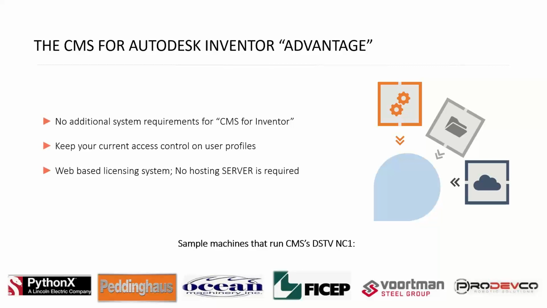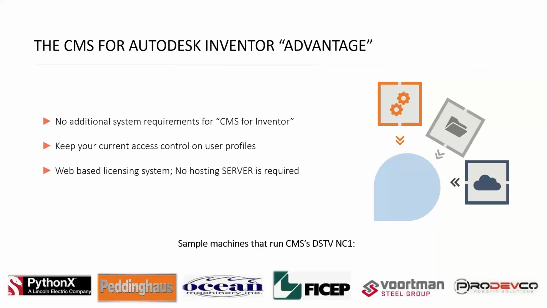So you can still keep control of your user profiles, and the most useful part, I believe, in terms of licensing control: if you are going with floating options with our license, you don't need any server to host your floating licenses. Let's say you have one floating seat, you can install the software on multiple user machines, but you can use one machine actively at a time, and no server is required for that.